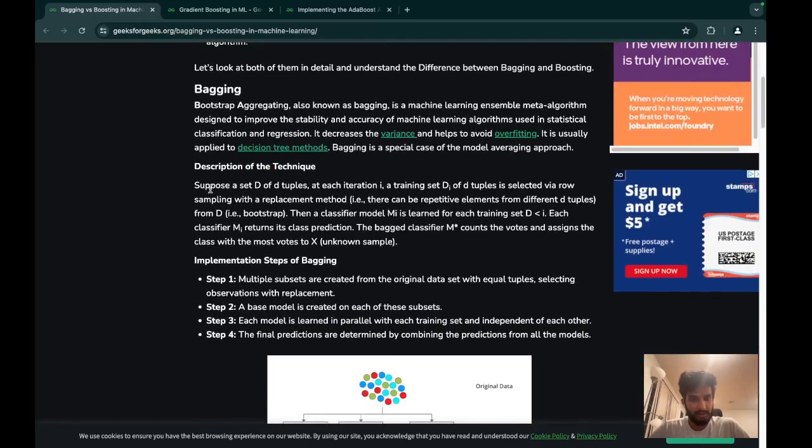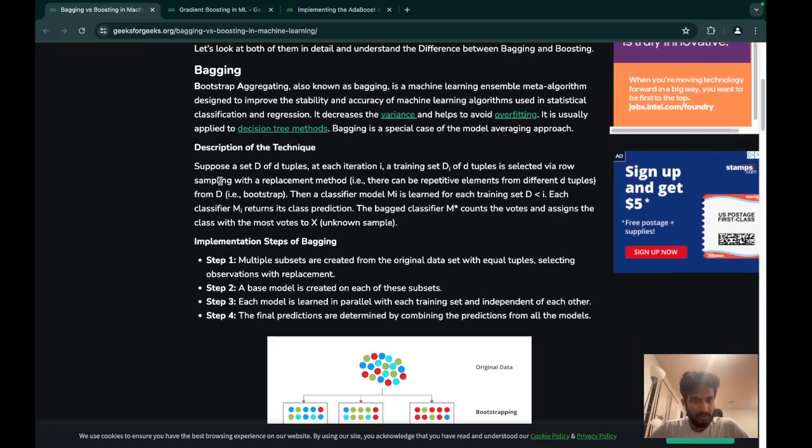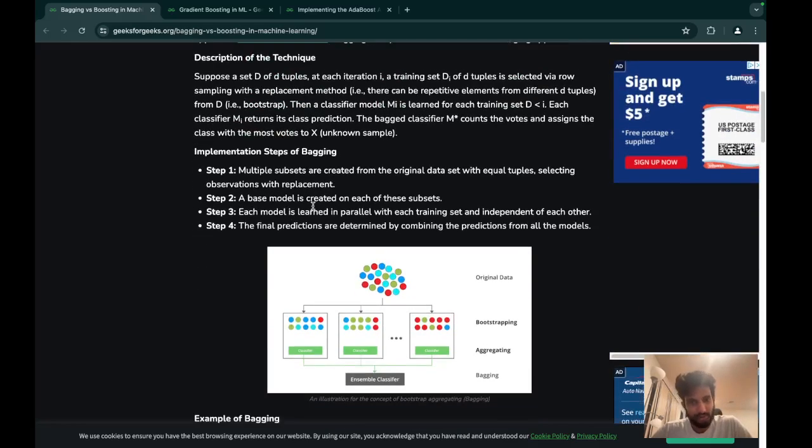So, description of techniques. Let's read through it quickly. Okay, tuples. Each iteration, a training data set Di of the tuples is sampled with the replacement method. Not sure what that means.